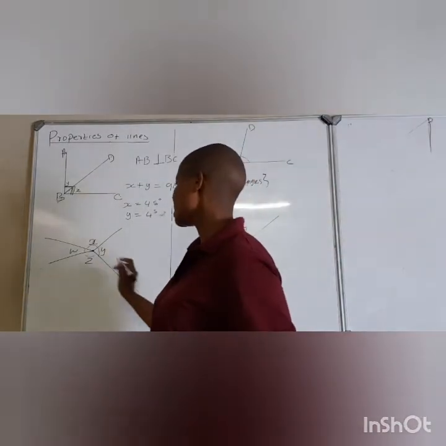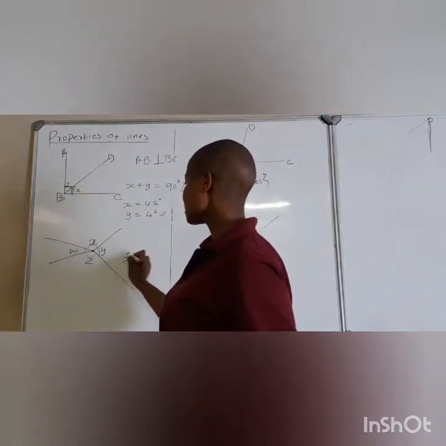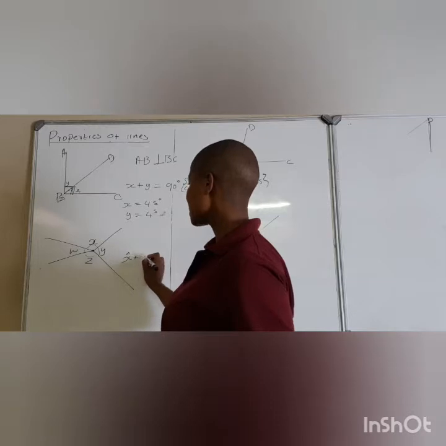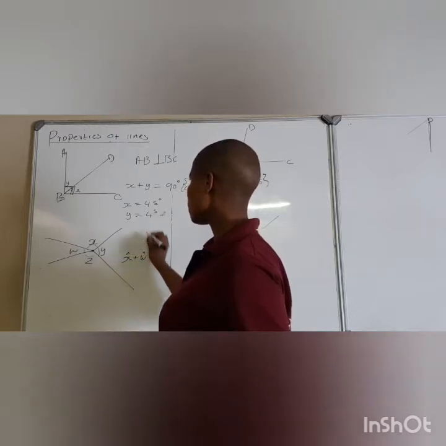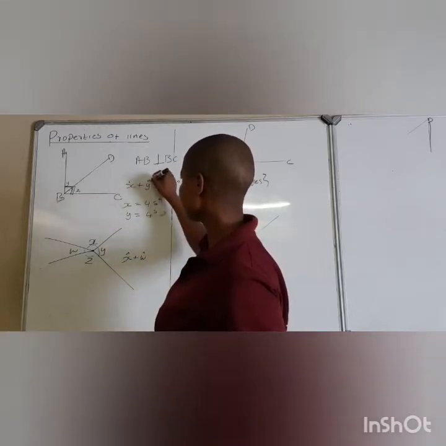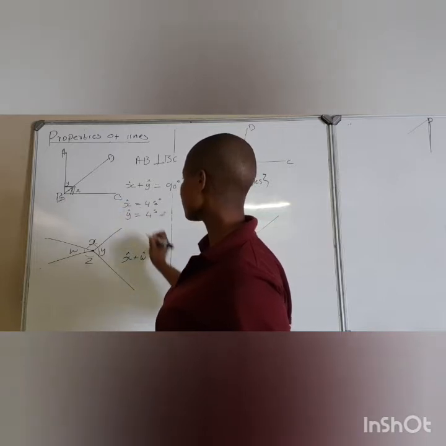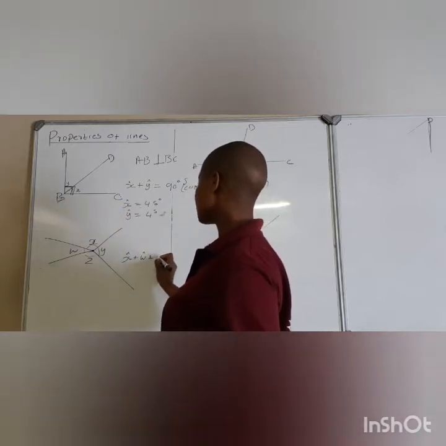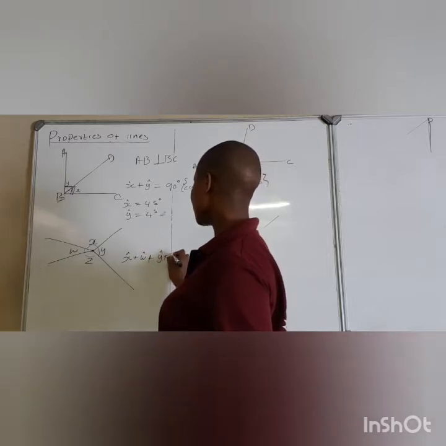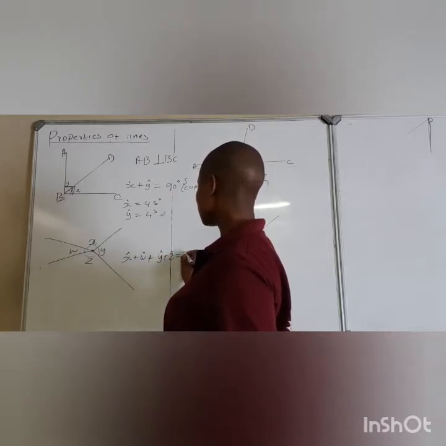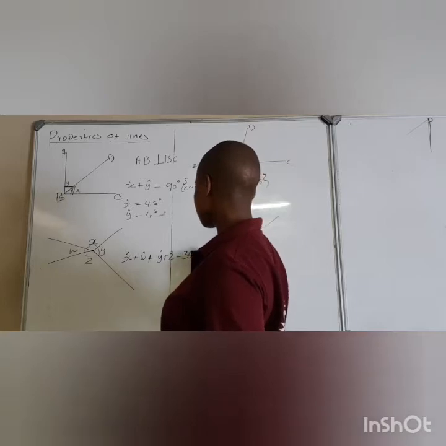So angle X plus angle W plus angle Y plus angle Z is equal to 360.